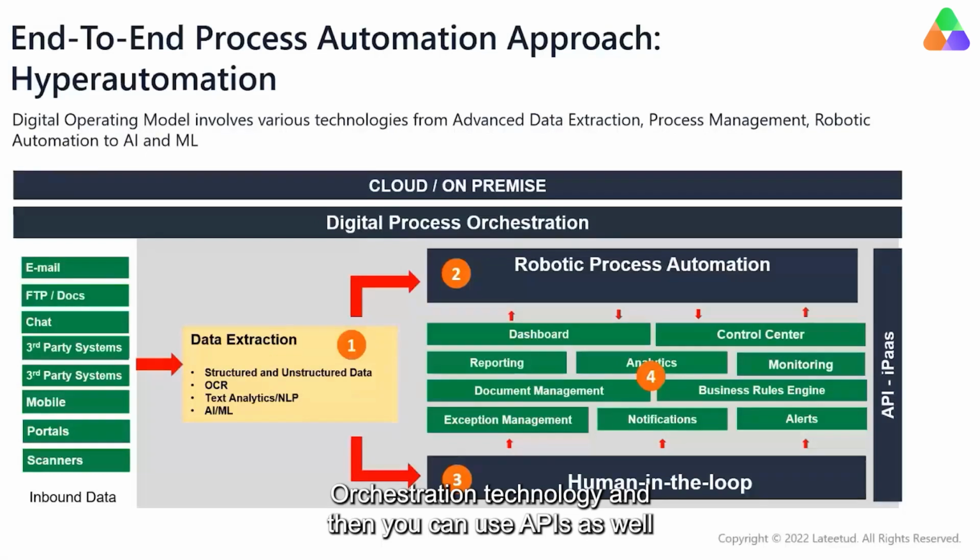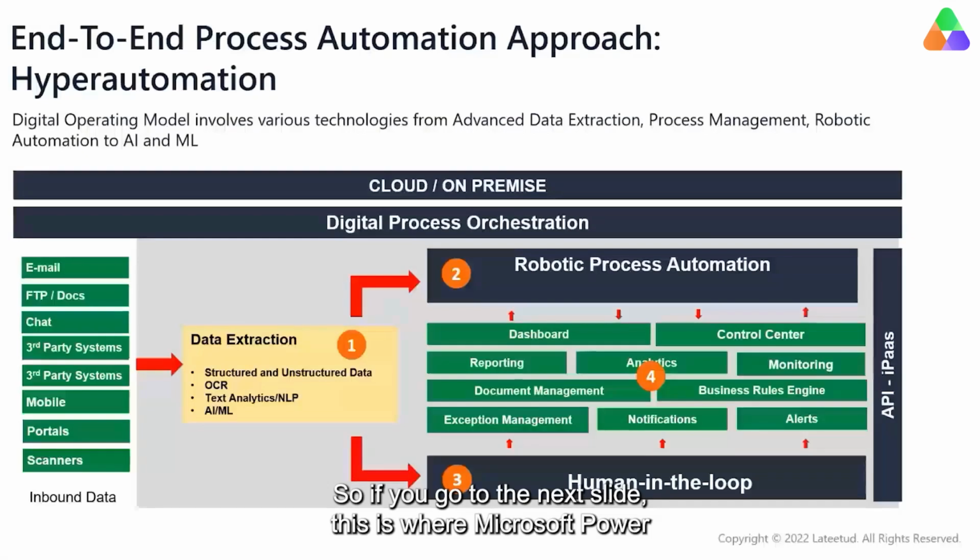And then you can use APIs as well where needed if connecting technologies is one of the key areas. So there are 4 major areas that you're seeing here in this digital operating model. One is data extraction, second is RPA, third is human in the loop workflow orchestration, and fourth is analytics, AI, machine learning, and that area.